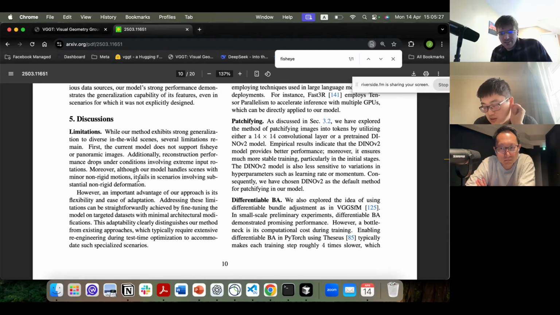Although we use Dino as our patch feature model, its parameters are updated during our training, so I think it's kind of like fine-tuning. Okay, so maybe this wouldn't be a limitation if you had that fisheye data set. Yeah, I think the main constraint is that the model does not see enough such data before.